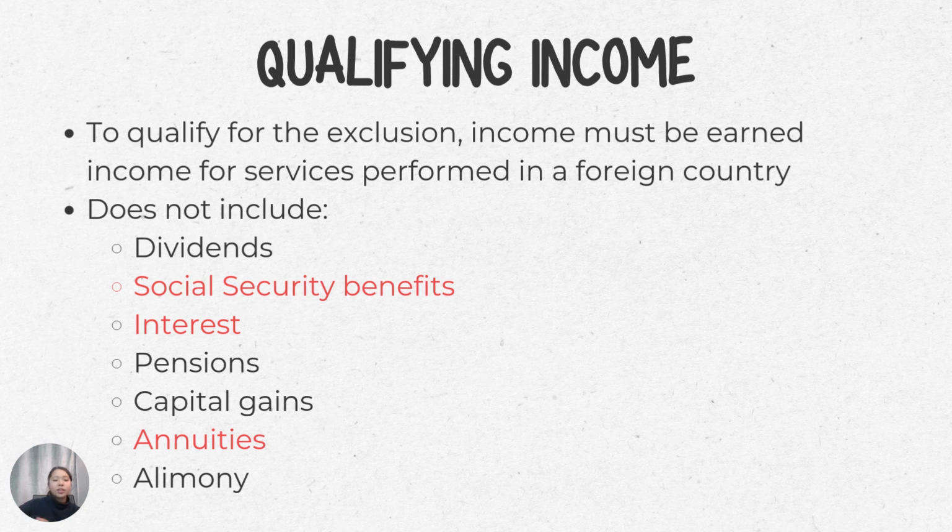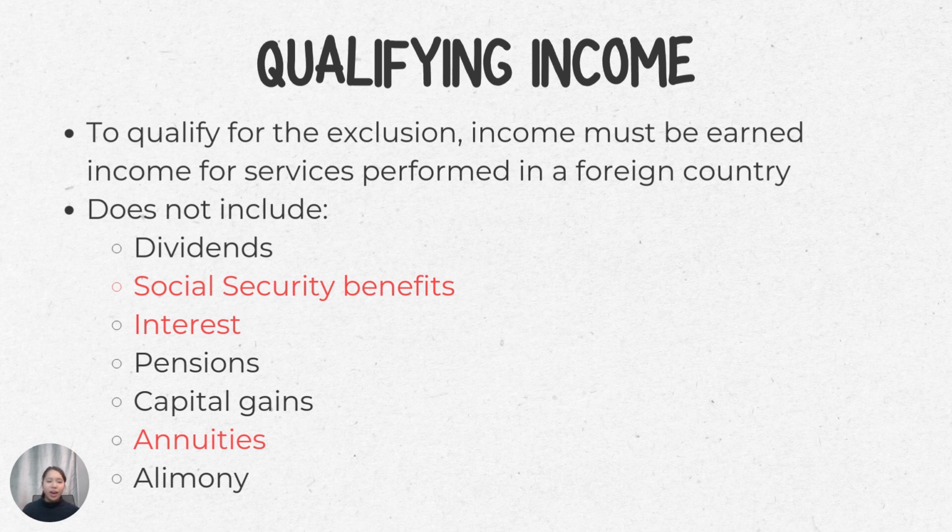Okay, so once you determine, yes, they passed either the bona fide residence test or the physical presence test, you move to the last test. I know this is a lot of tests, but you move to the last test of determining if they qualify for the foreign earned income credit test.